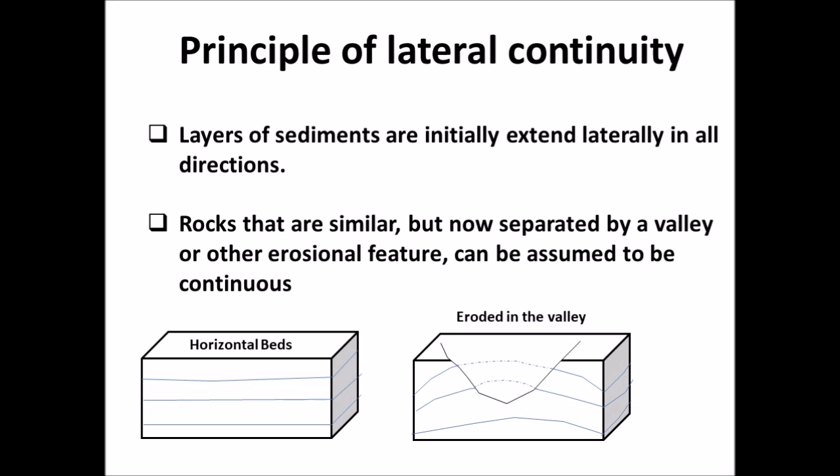Here in this figure, on the left side there are horizontal beds. In the right side figure there is a valley from which the portion has been eroded. By seeing the features of the bed we can extend the layers.